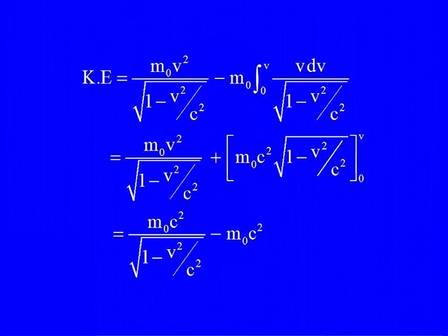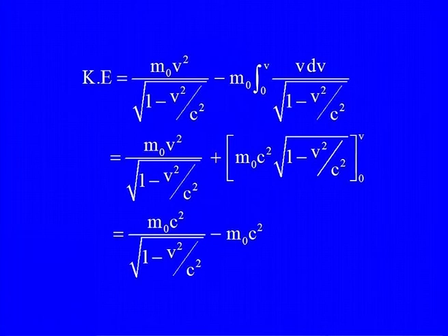See that it simplifies into an expression for the mass of a body which is moving with a certain velocity v, times c square. The mass of the body being m0 divided by root over of 1 minus v square by c square, that is the total mass of a body when it is moving at a certain velocity v, multiplied by c square, minus then m0. Now, m0 is what?